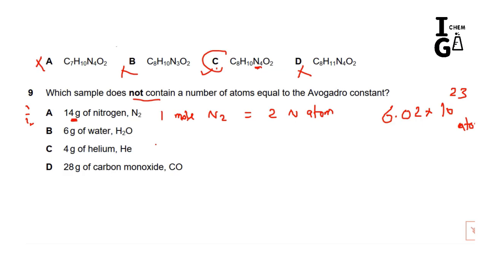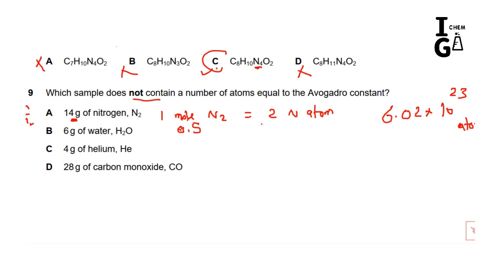N2 means 14 times 2. 14 over 28 is half or 0.5. So 14 grams means this is half mole, so actually this is 0.5 mole.